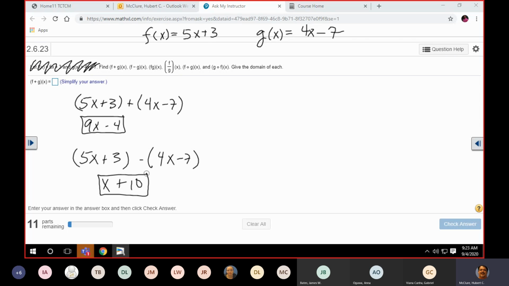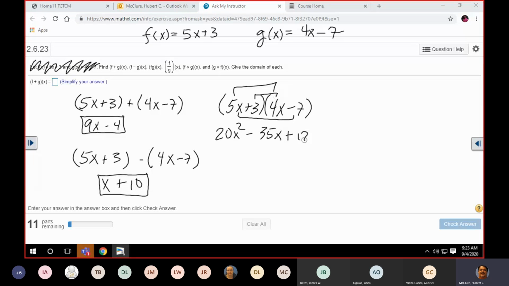Now they want you to do f times g. So that's your FOIL method. So 5x plus 3 and 4x minus 7. FOIL, 20x squared minus 35x plus 12x minus 21.